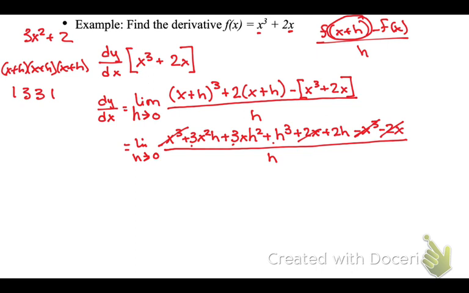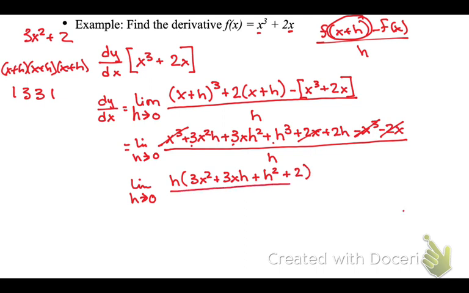Or do you want me to factor it out? We'll factor it out this time. And then the next time I'll just start crossing off. So I can factor out an h from the numerator. I was seeing if I could combine any like terms.